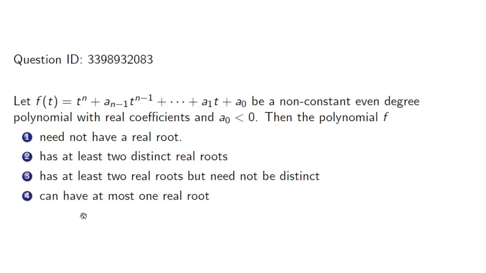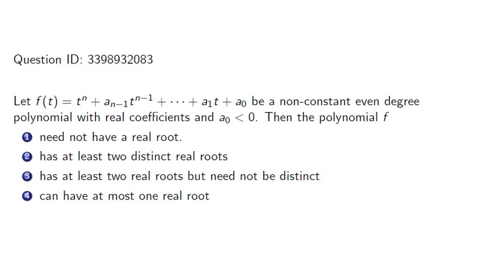Now let us come back to the question. f is a polynomial as given. The first option says f need not have a real root, which can't be possible as we have seen that f has at least two real roots. So 1 is not correct.